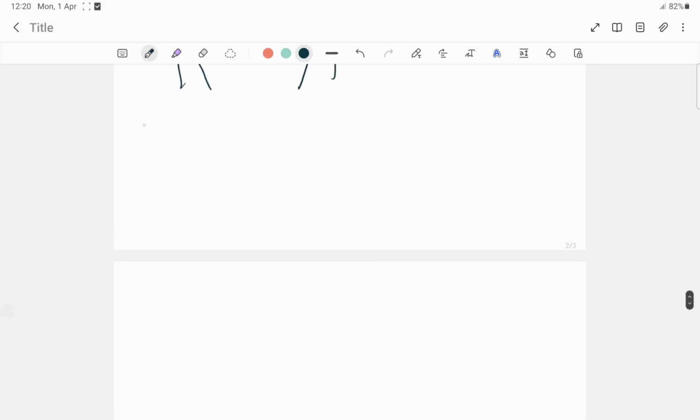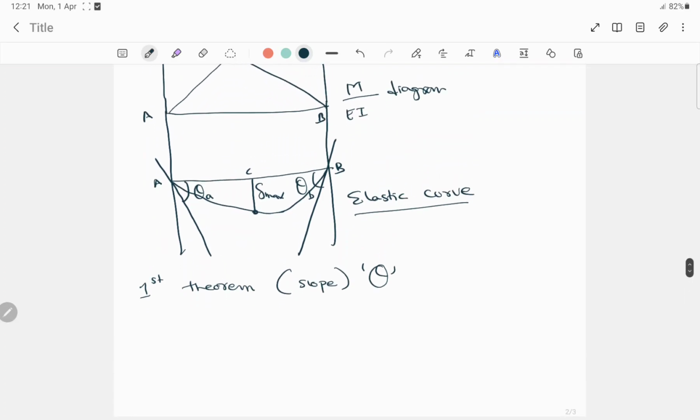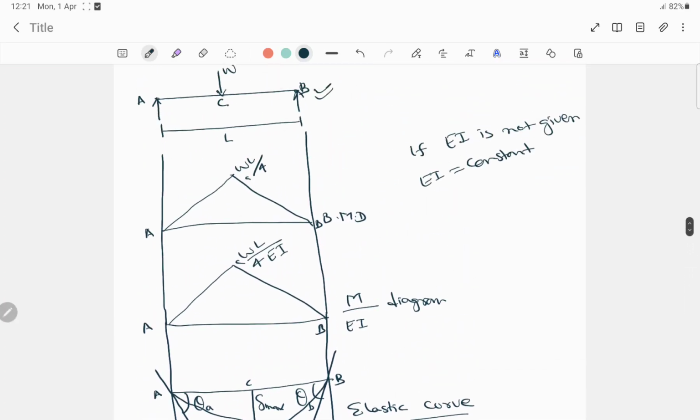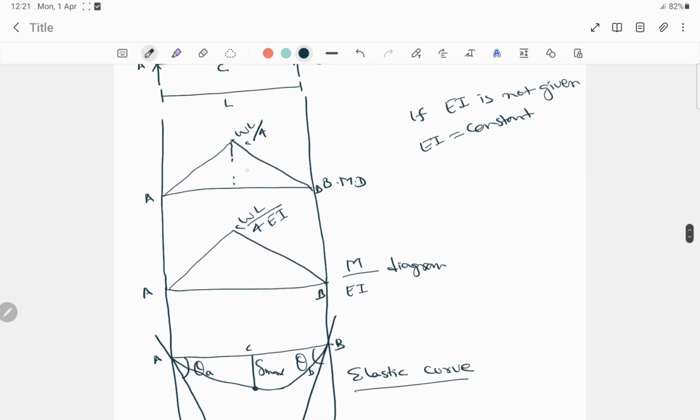To find the slope, we apply the first theorem, and slope is denoted by theta. As the load is acting at the mid, if we divide the beam, this part will be equal to this side.